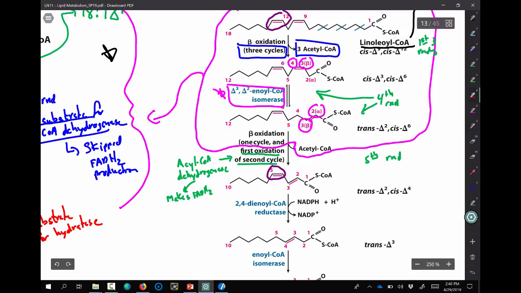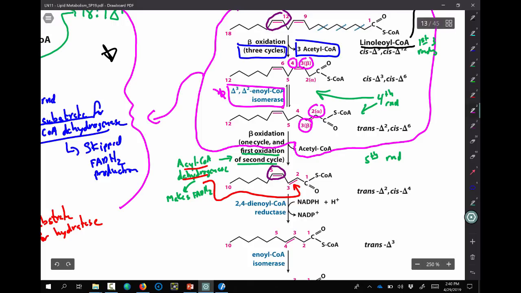So acyl-CoA dehydrogenase made this double bond, the trans one. Now what you're looking at is called trans delta 2 cis delta 4. And then you can call it whatever number of carbons you have on it. But trans delta 2 cis delta 4.